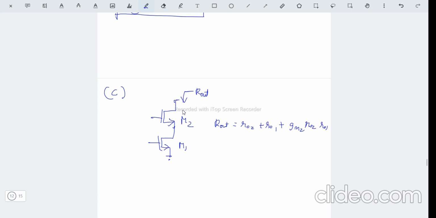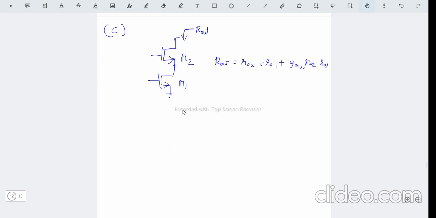Now we shall obtain the RO2, RO1 and gm2 values. RO2 and RO1 are the same, given by 1 by lambda times ID, because ID is the same in both MOSFETs. The lambda value is given in the question and ID is 120 micro. When we evaluate, this comes to around 83.33 kilo ohms.